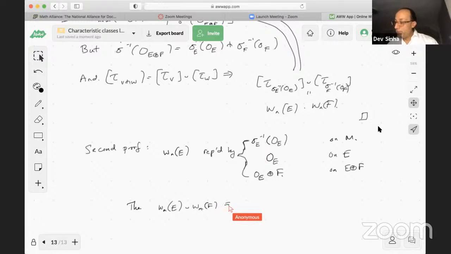Well, by definition, that's, again, the cohomology class represented by the zero section of E under what I just said, plus F, intersected cup with the Thom class of E plus 0F.